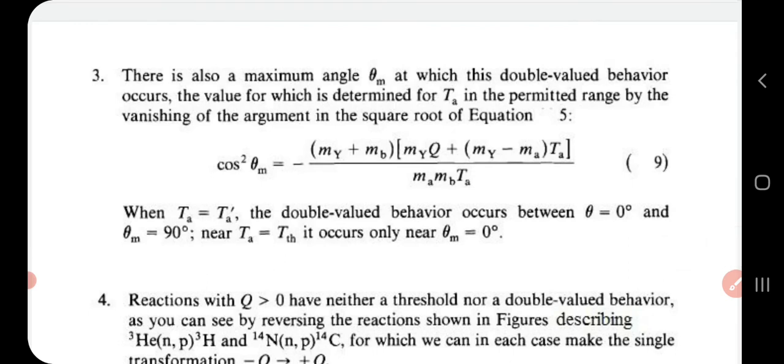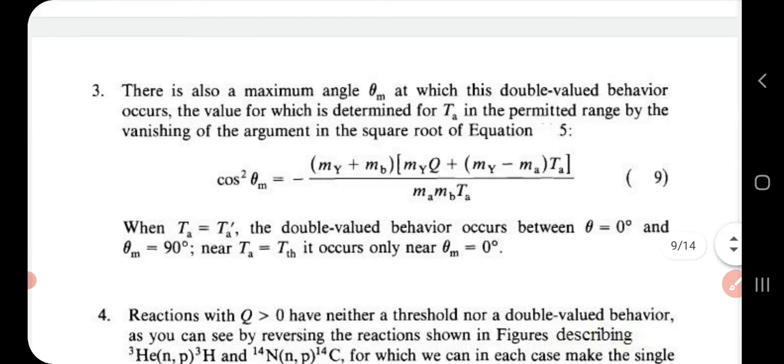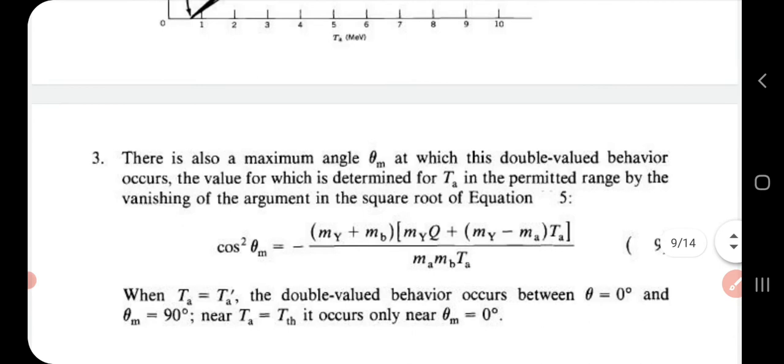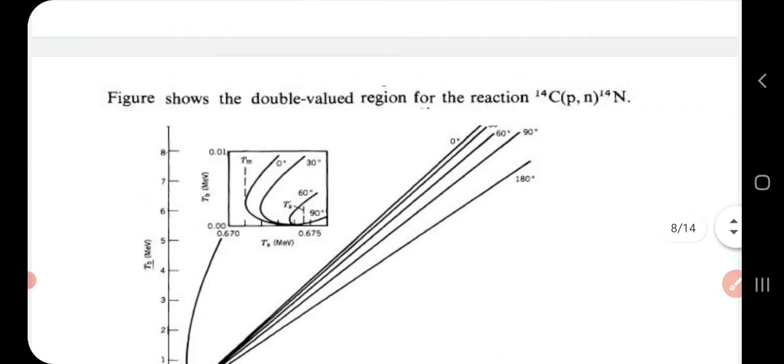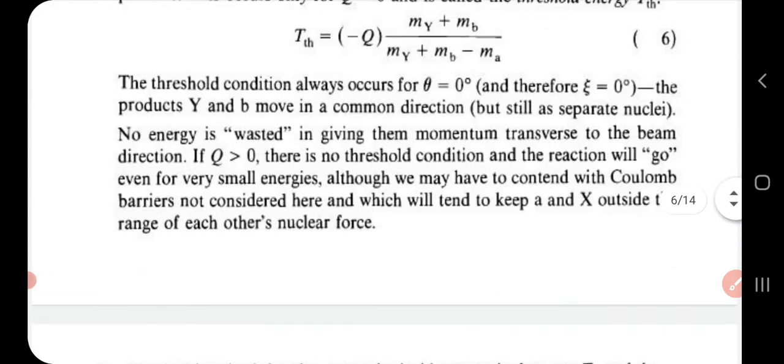there is a maximum angle called theta m, at which this double valued behavior occurs, and the value of which is determined for Ta in the permitted range, if the term that is given in the square root of equation 5 vanishes.